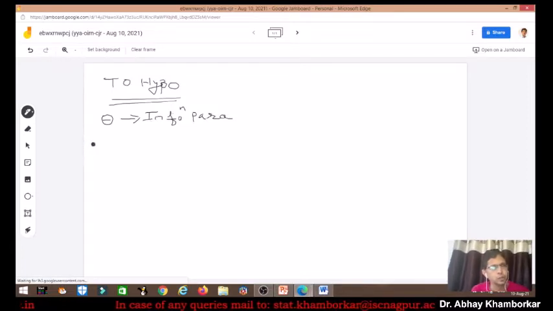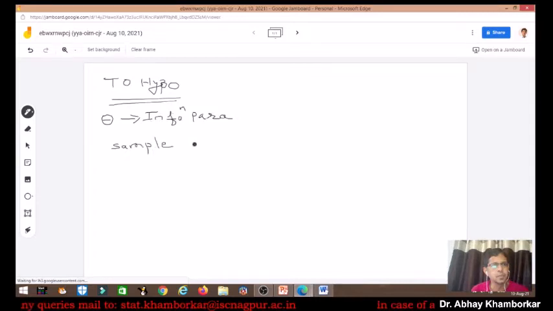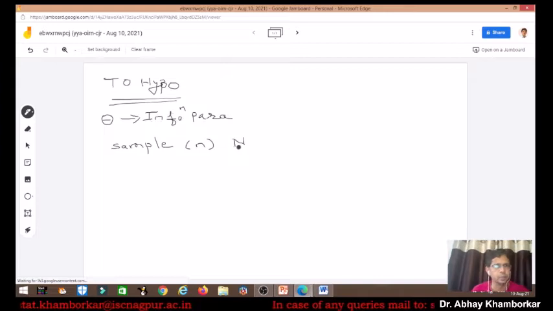To test this information, we draw a random sample of size n from the population of size N, having a parameter theta, and on the basis of this sample we test whether this information is true or false.